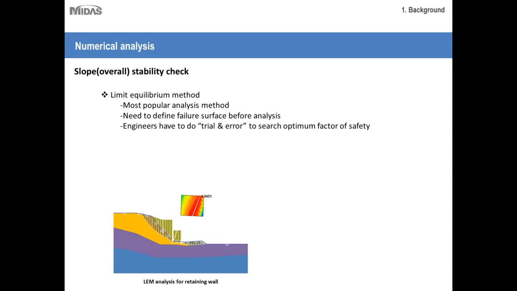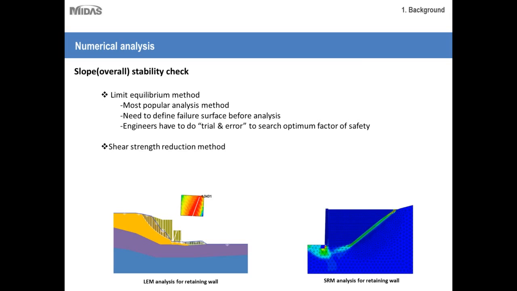So this brought the need for an advanced method of analysis known as the shear strength reduction method, also known as SRM. In this method, we create a finite element model for the slope or the soil, the backfill, the retaining structure, and if there is a retention system or reinforcement.